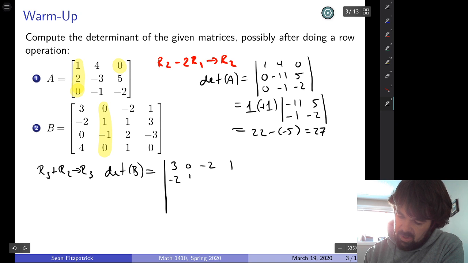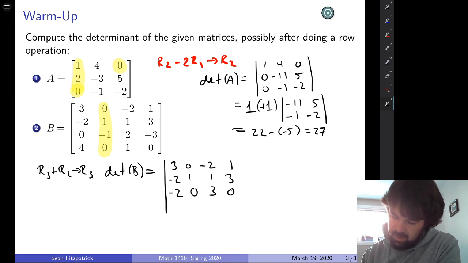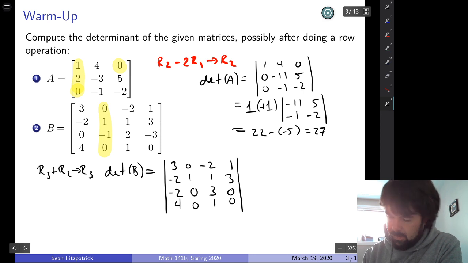Row 2 didn't change. Row 3 does change. 0 plus minus 2, I get minus 2. Minus 1 plus 1, I get a 0. 2 plus 1 is 3. Minus 3 plus 3, I get another 0, which is convenient. Okay, and then 4, 0, 1, 0.